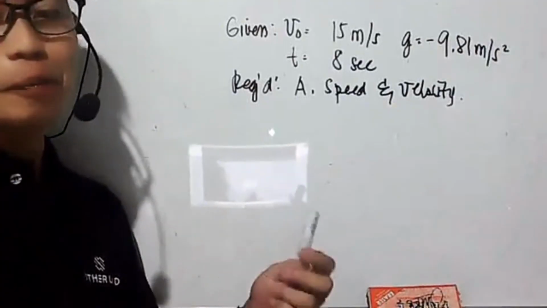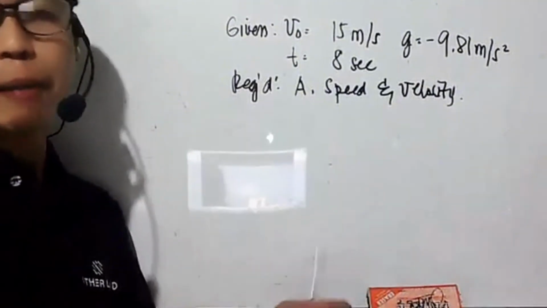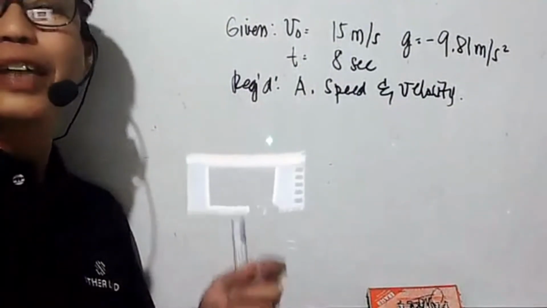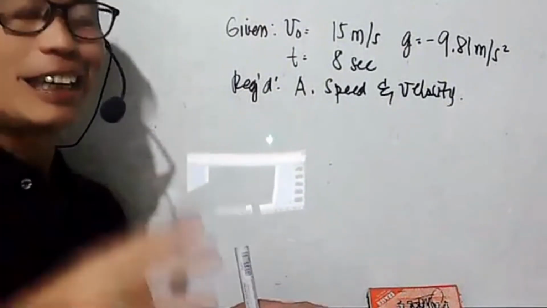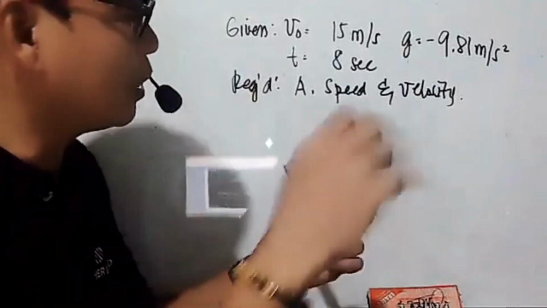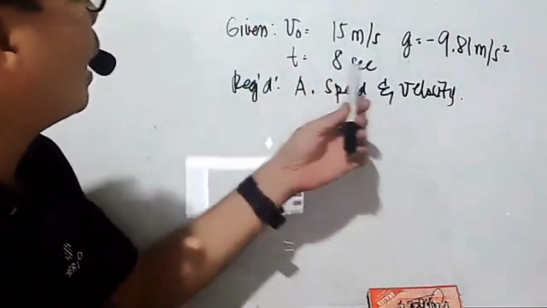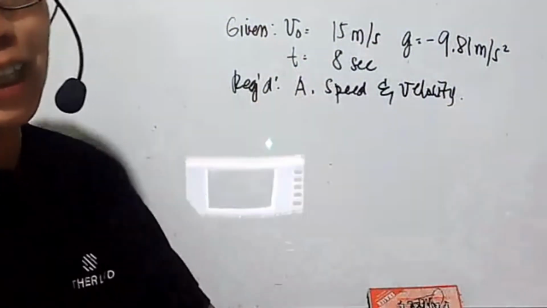Before, binitawan mo lang yung bola, kaya zero, kasi hindi naman siya gumagalaw before. Wala siyang force before. Nung hinagis siya, meron na siyang force na 15 meters per second, meron na siyang bilis. At the given time of 8 seconds, ano daw ang speed niya and yung velocity niya.